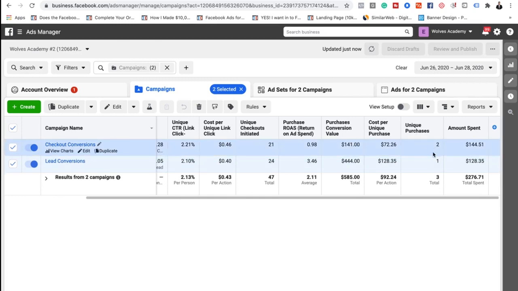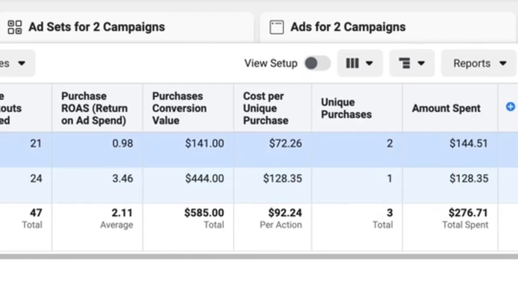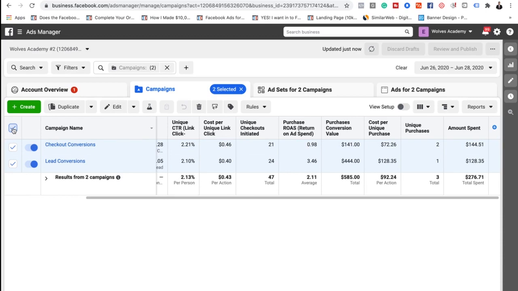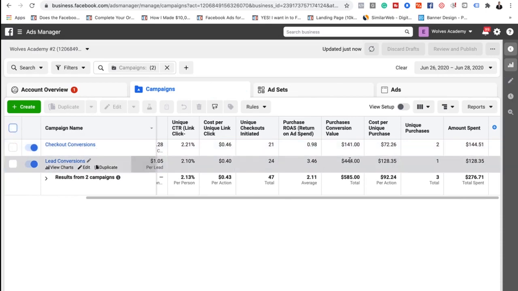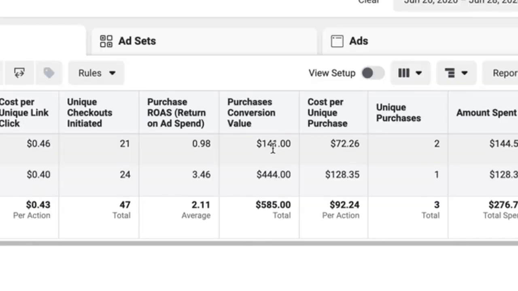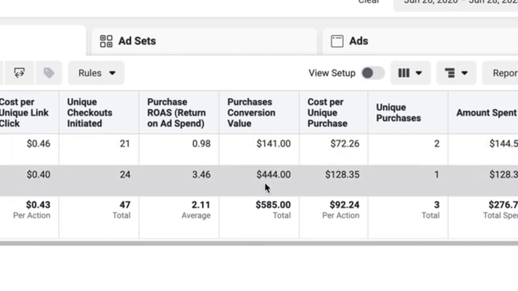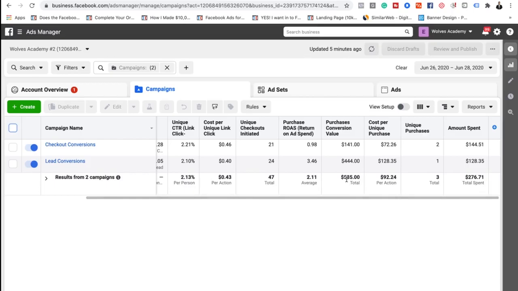We have 3 total purchases so far, and our cost per purchase is $92.24. If we look at the total amount earned, it's actually minus 47 because there's 2 unique purchases. So it would be $94 plus $444, which would be about $538. So $538 is how much we've actually made.